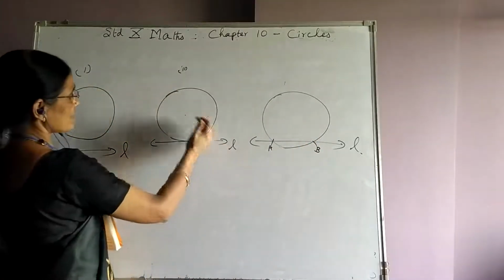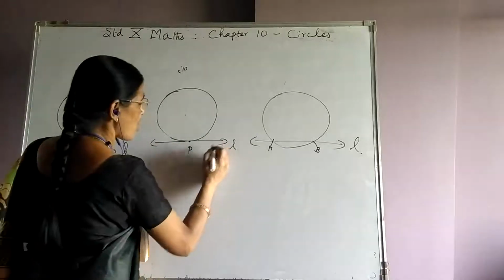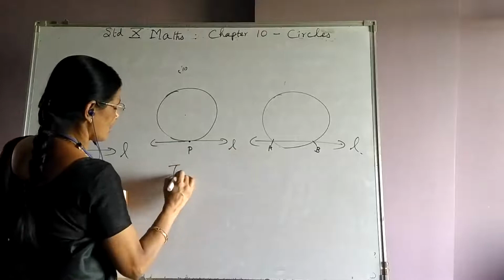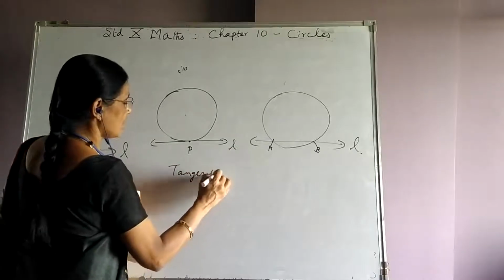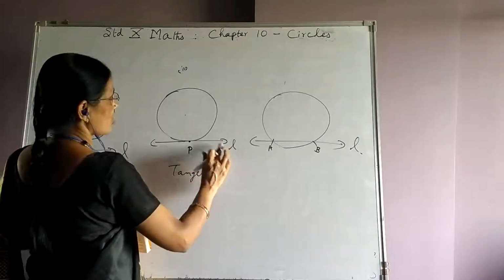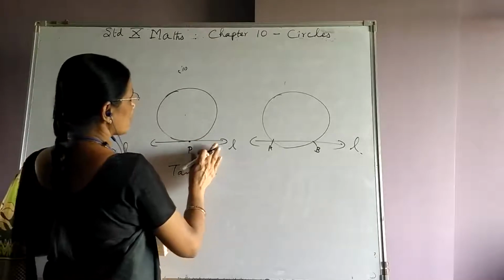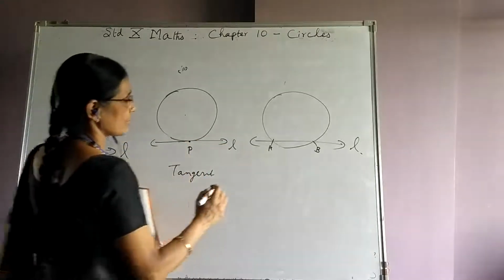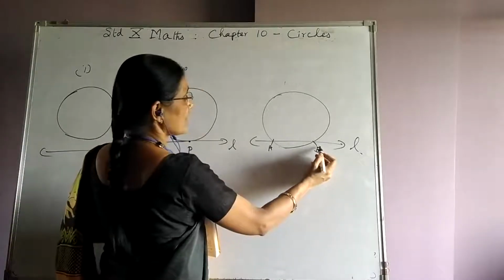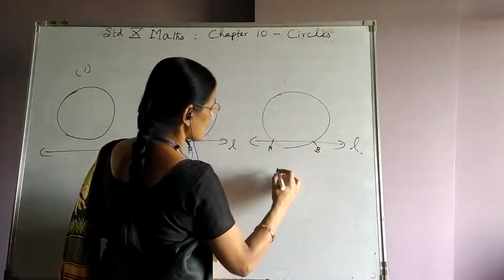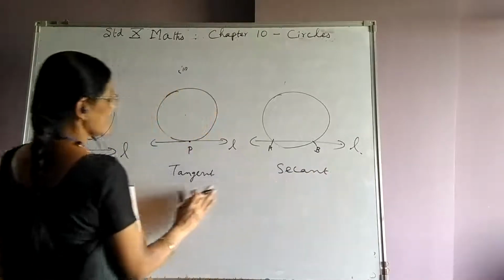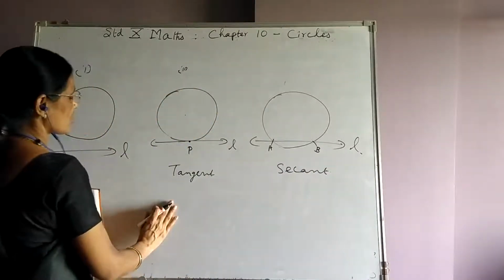When a line intersects the circle only at one point, we call that line a tangent. So here L is called a tangent. So a line is called a tangent of the circle if the line intersects the circle at only one point. If a line intersects the circle at two distinct points, the line is called a secant of the circle. So what is a tangent?